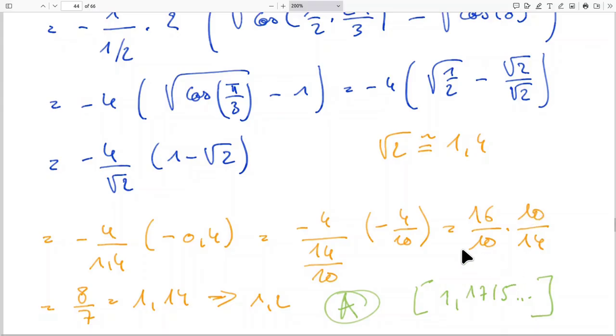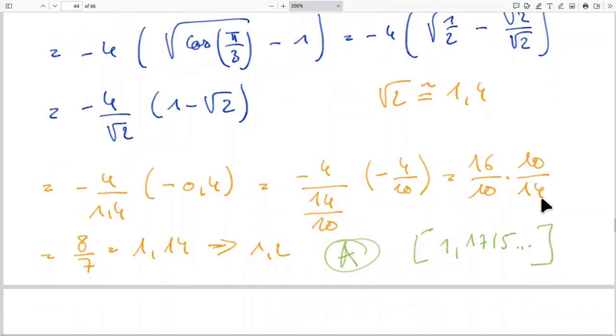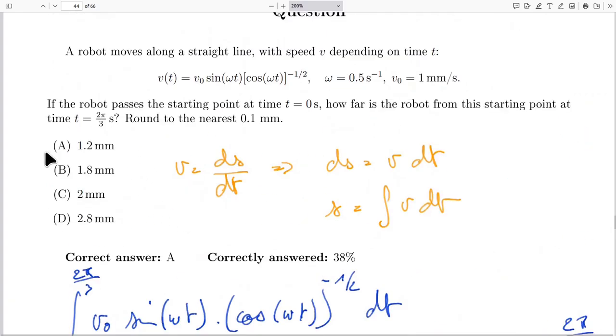You can get rid of the 10, so that's 16 over 14, or 8 over 7, which is about 1.14. And if we round that out, then the nearest thing we get here is 1.2 millimeters, which is the correct answer.